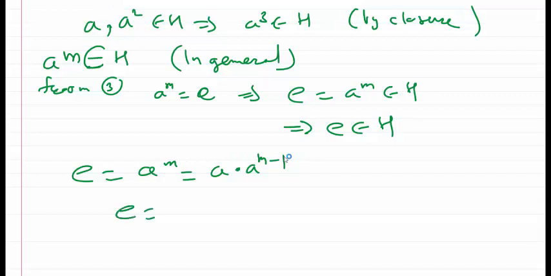So E is equal to A into A raised to M minus 1. This product of A and B is E, so A is inverse of B, or B is inverse of A. This implies A inverse is equal to A raised to M minus 1.